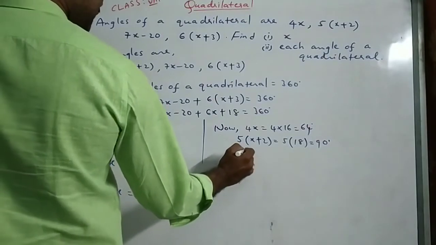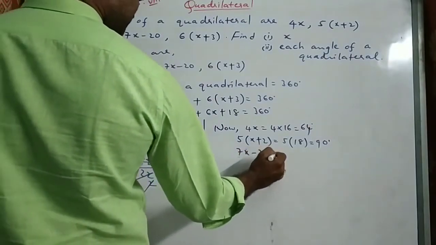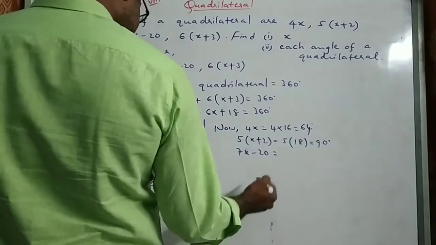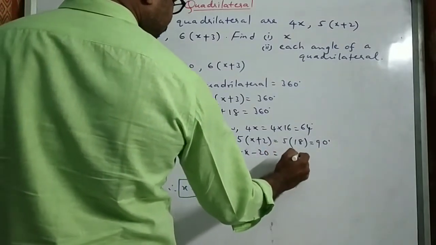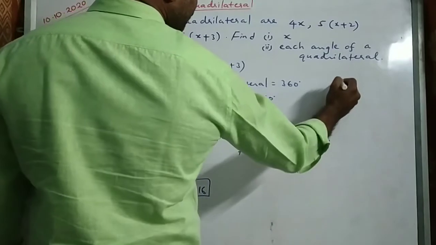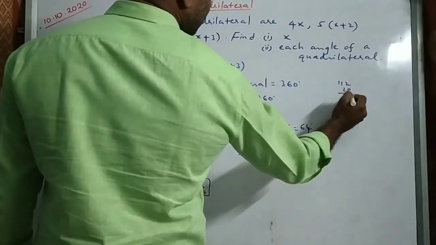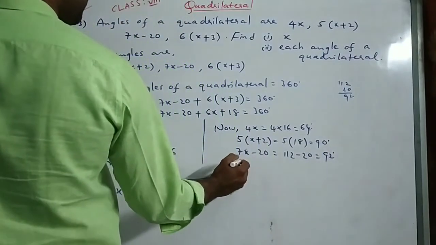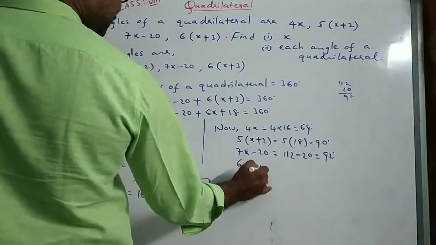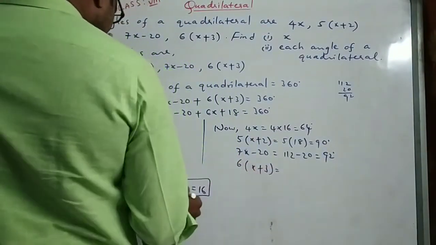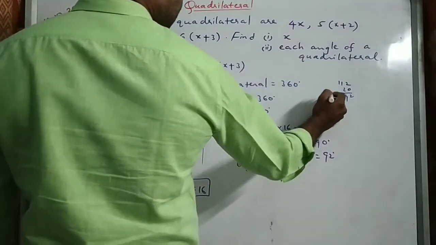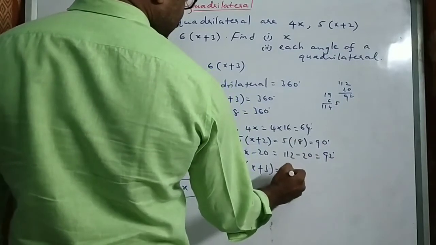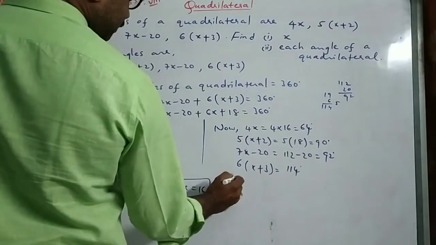Third angle, 7x minus 20. 7 into 16, 112 minus 20, 92. Fourth angle is 6 into x plus 3. X value 16, 19. 19 6s are 114.